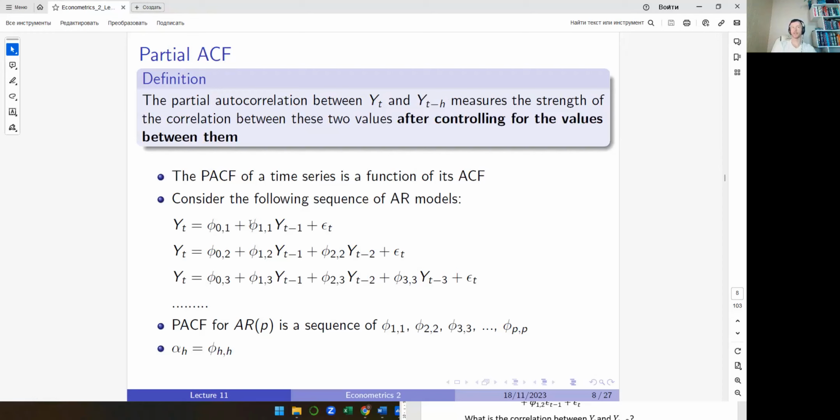So alpha 1 is going to be this coefficient, alpha 2 is this coefficient, alpha 3 is this coefficient, and so on. And what is important, the PACF, partial autocorrelation function, for an AR(p) model cuts off at lag p. So after lag p, the partial autocorrelation function does not exist. So it's 0.